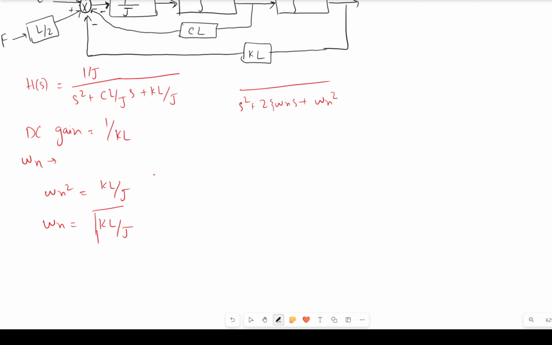All right, now next part we need to find damping, which is zeta. So in the second order standard form, 2 zeta omega n is equal to this whole term CL by J, and we know the value of omega n. So let's first move the 2 over omega n here.